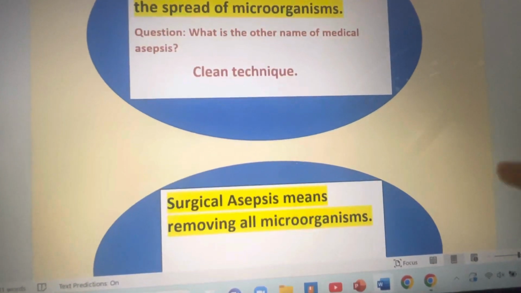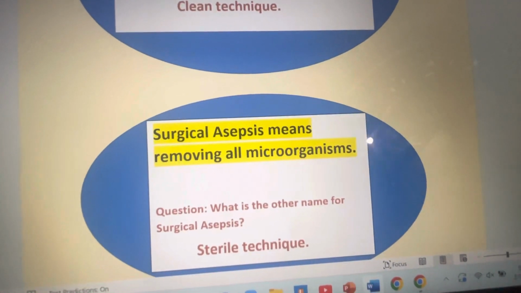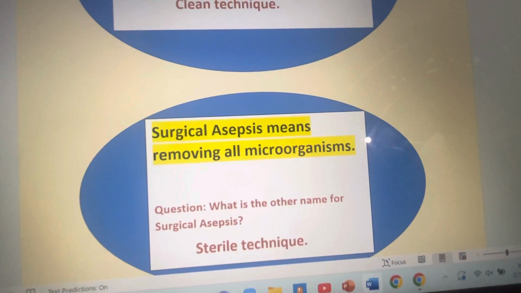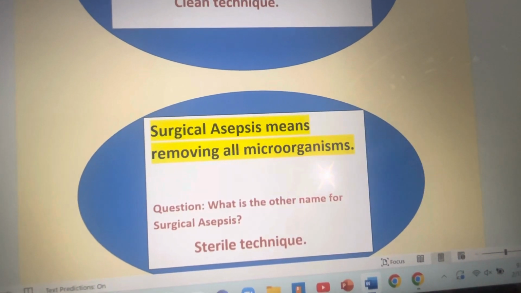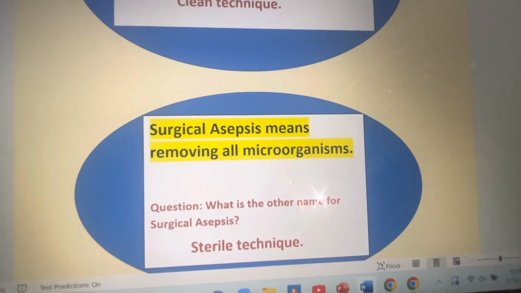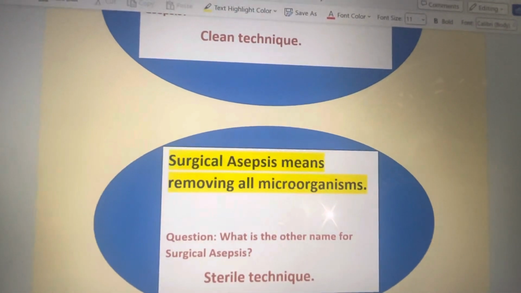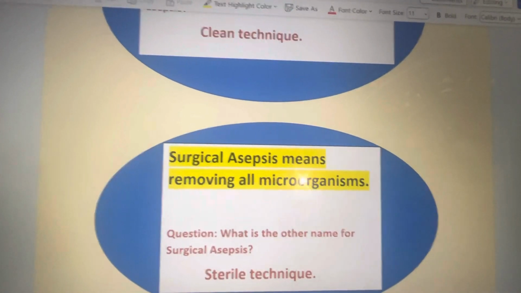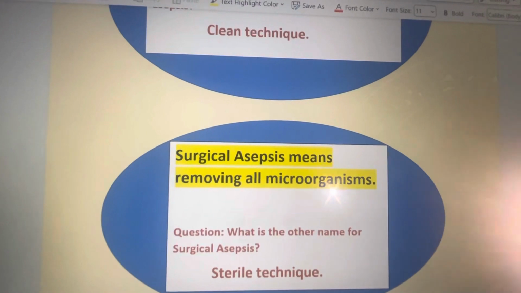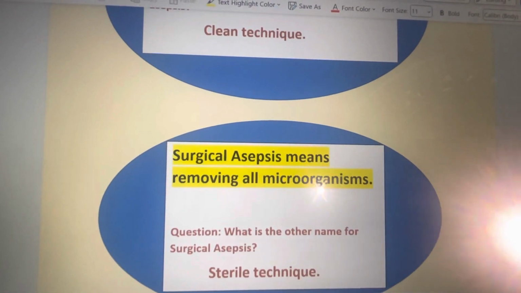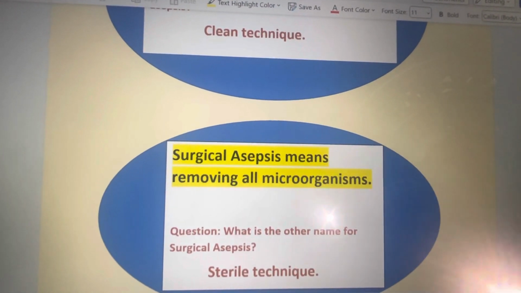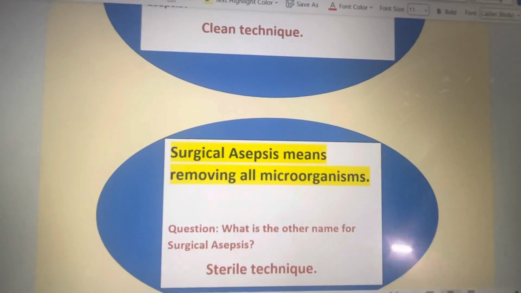Now, what is surgical asepsis? Surgical asepsis means removing all microorganisms, and the other name for surgical asepsis is sterile technique. So as we see here in surgical asepsis, we are trying to remove all the microorganisms, and that's why it's called sterile.